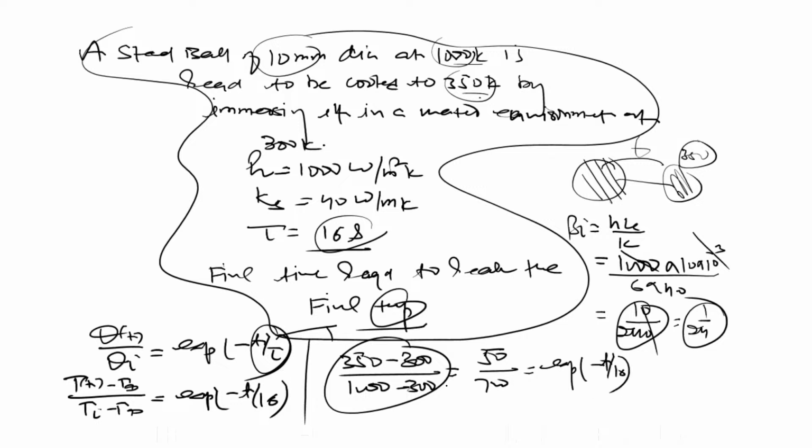If you solve, then minus ln of 5 by 70 is equal to t by 16. Then you will get answer t in seconds. How much time will it take? Tell me please.